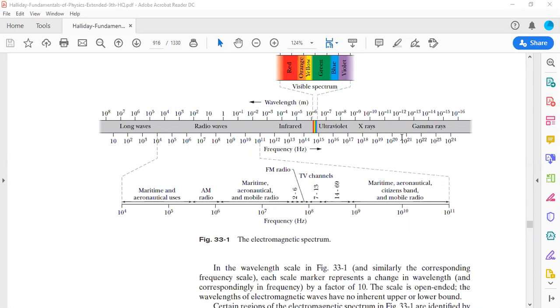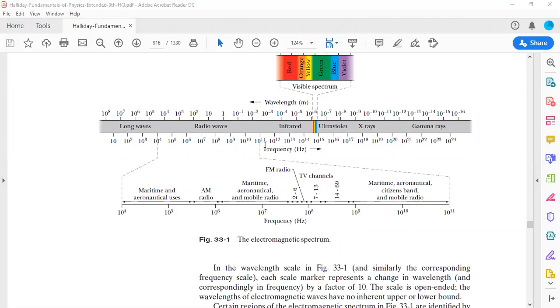And then gamma rays, and you can see the gamma rays have millions of times greater frequency than the X-rays. So this is how you can describe the whole electromagnetic spectrum and discuss even very small segments in very much detail.